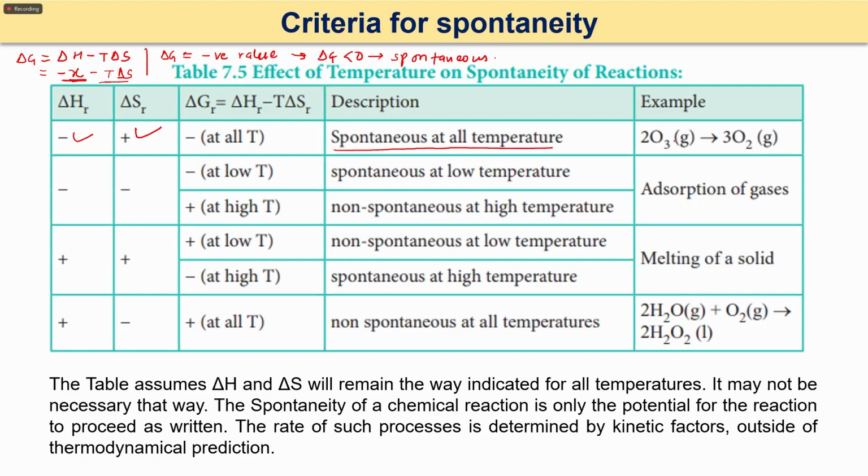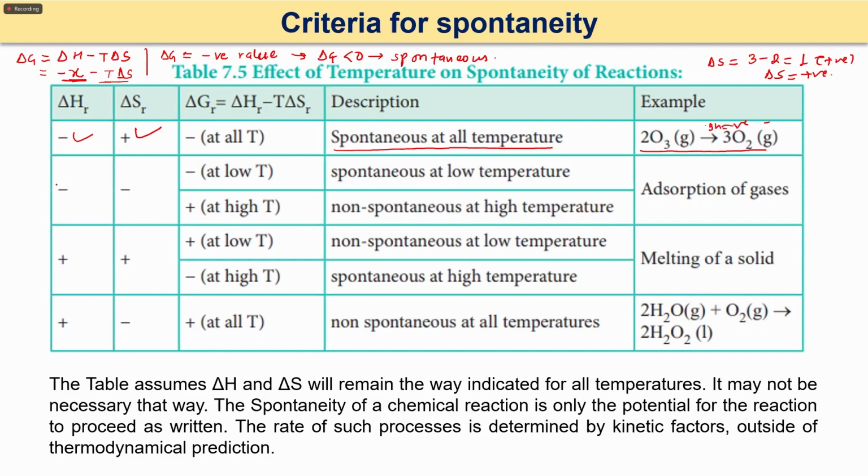For example, in this reaction the delta H is negative, and your delta S has a positive value because here your entropy is increasing. The entropy change is 3 minus 2, that is 1, which is a positive value. That means your delta S is positive, and the enthalpy change of this reaction is negative.